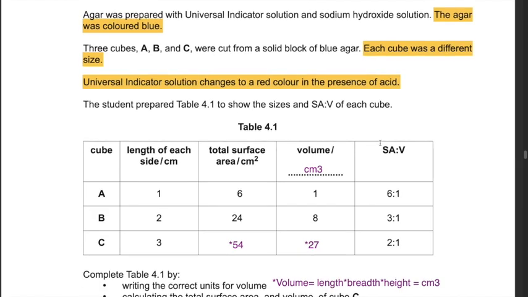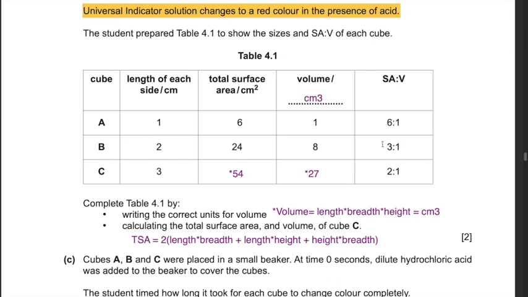As you can see over here, the table 4.1 is given, the columns being cube, length of each side, total surface area, volume, as well as surface area to volume ratio, which is already calculated over here. Question being, complete table 4.1 by writing the correct units for volume, as well as calculating the total surface area and volume of cube C. What is the unit of volume?